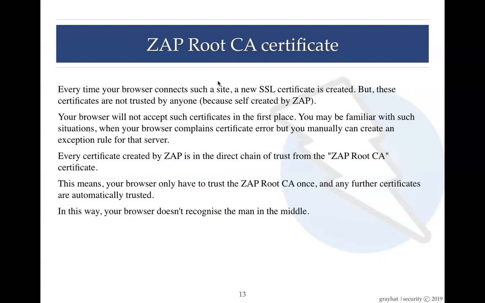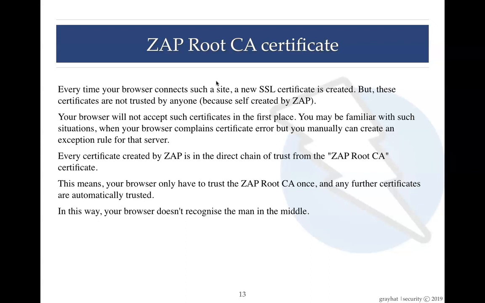Now, what is the ZAP root CA certificate and how is it effective while intercepting traffic, and how is the trust between client and server established, whereas the OWASP ZAP proxy is sitting between the client and server? There may not be a trust relationship because this is an intercepting proxy.